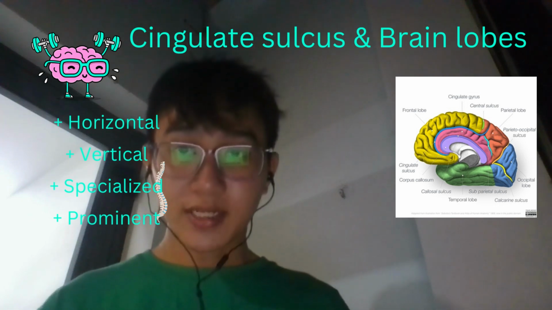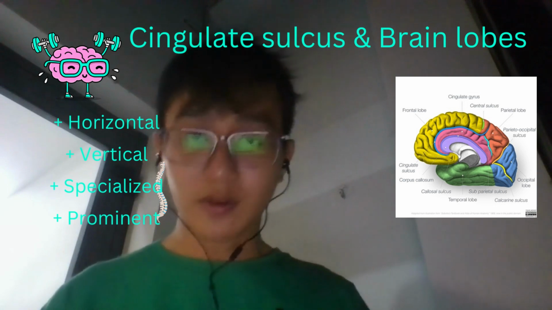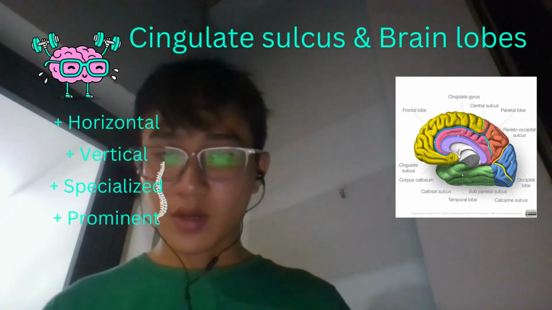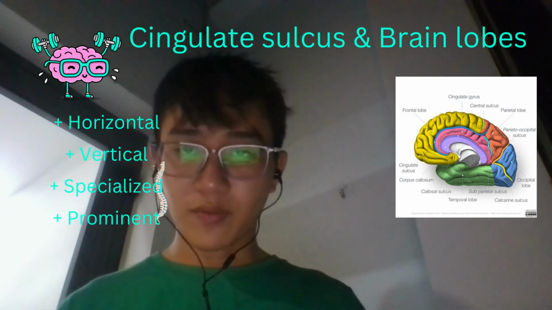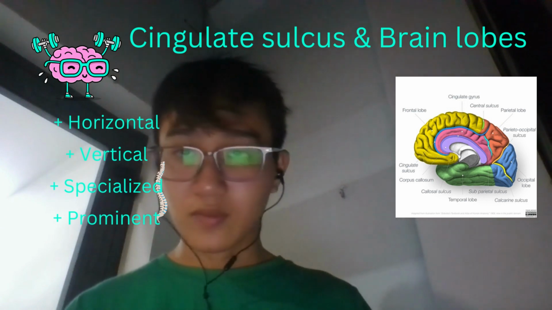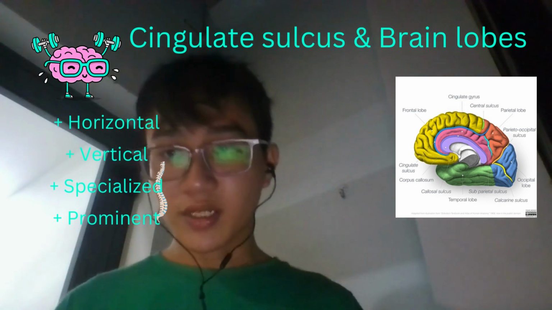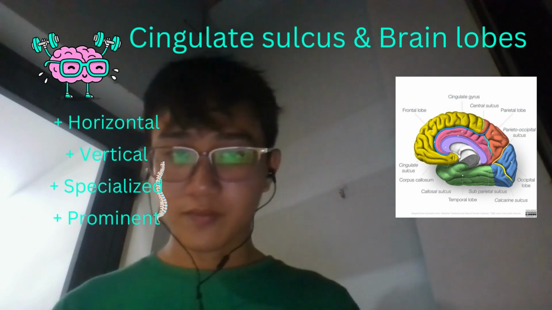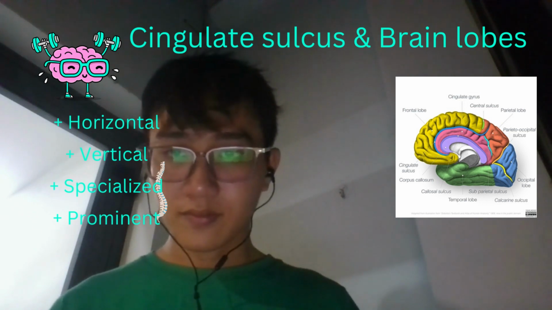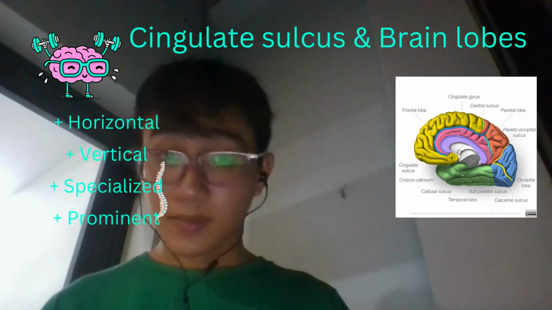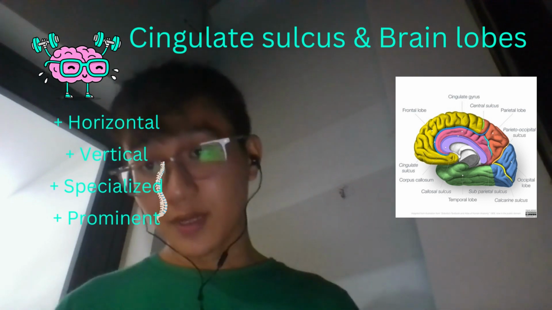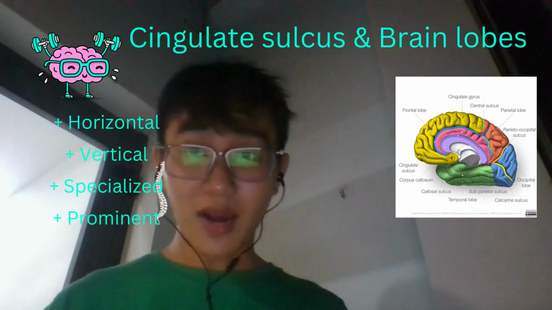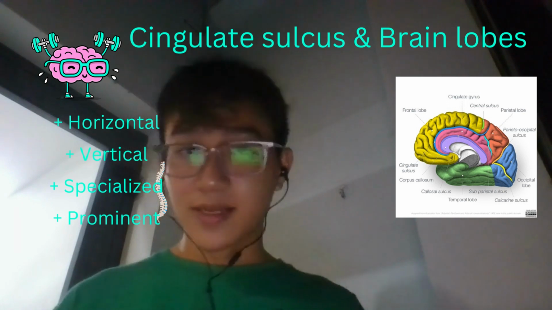It separates the cingulate gyrus and the limbic lobe from the frontal lobe and parietal lobe. What is the limbic lobe? We will figure that out later.